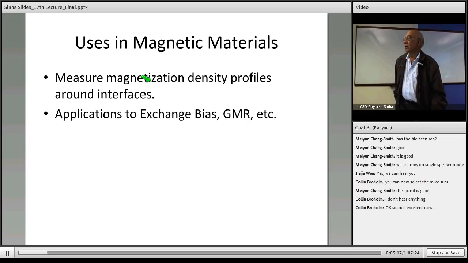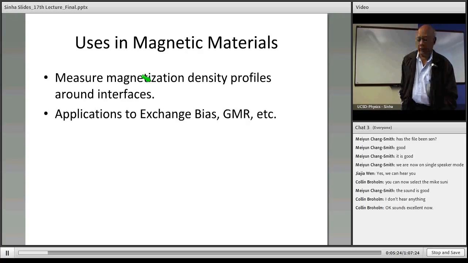And there are applications to phenomena that you can study, such as exchange bias, giant magnetoresistance, and many others.